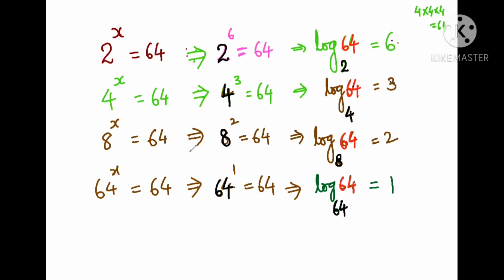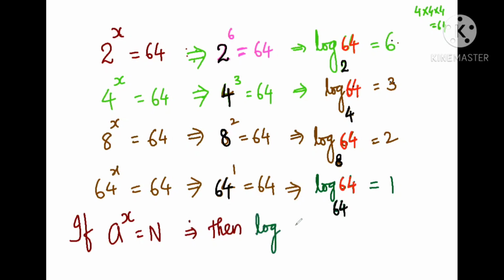From this, we can conclude that if a to the power of x is equal to n, then the logarithm of n base a is equal to x. This is the general form of the logarithm, where some conditions are applied.